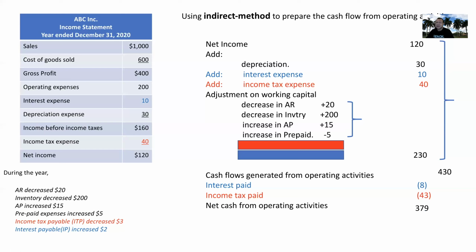This is different from what you may have learned in the first introductory financial accounting course. Under IFRS, we are required to separately disclose interest paid and income tax paid in the statement of cash flows.